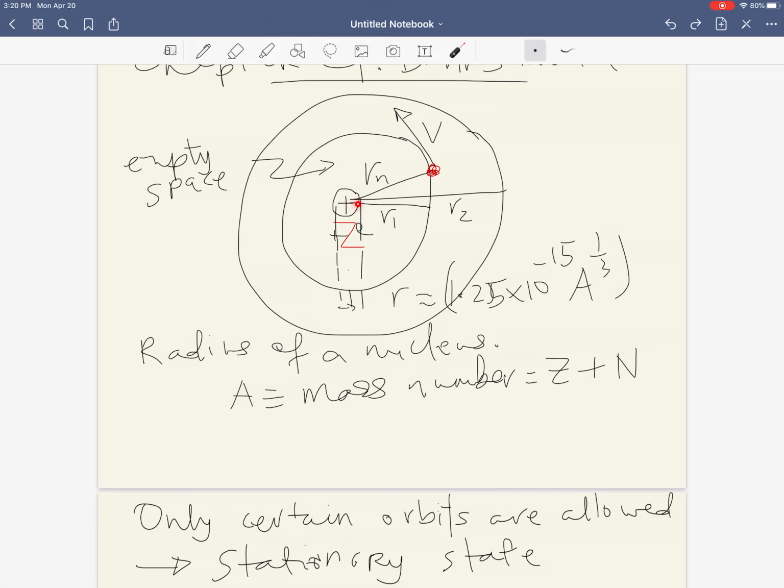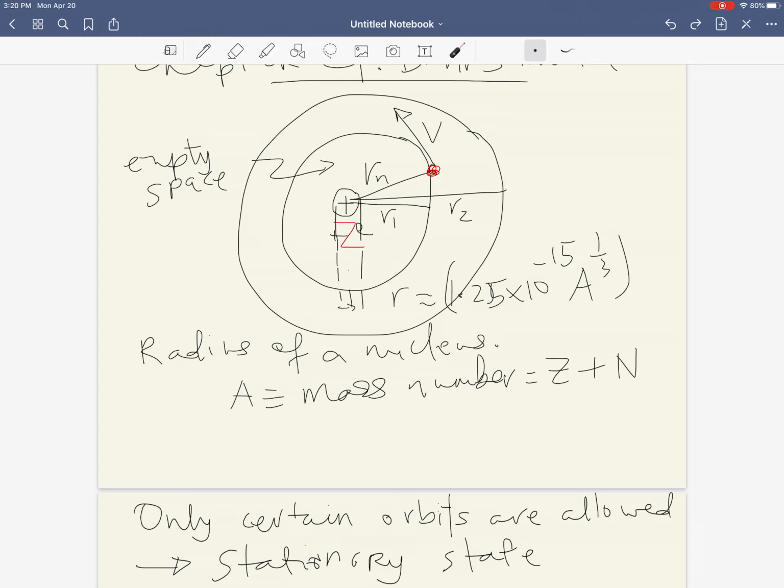The radius of the nucleus is given by the following expression. R is equal to 1.25 times 10 to the negative 15 times the mass number A to the 1/3 power. So this is the cube root of the mass number.